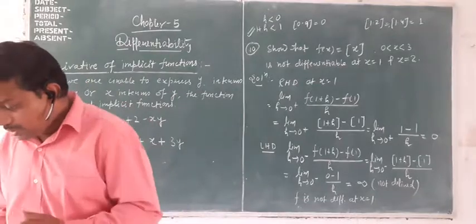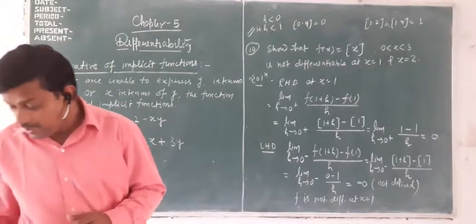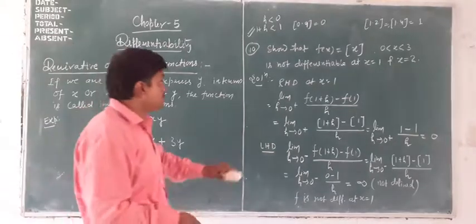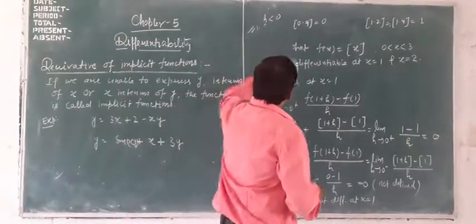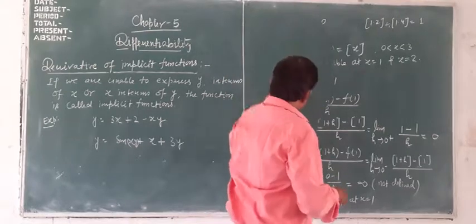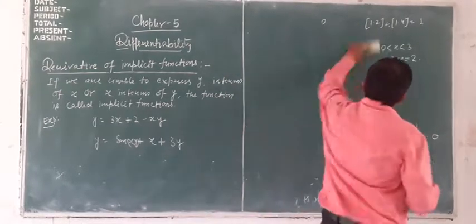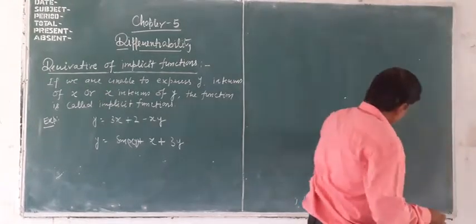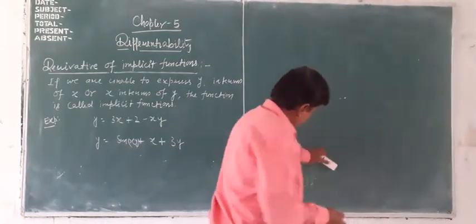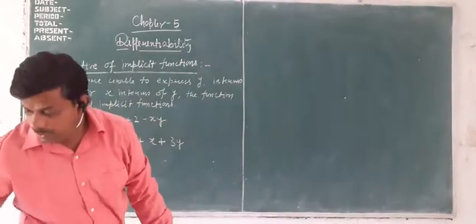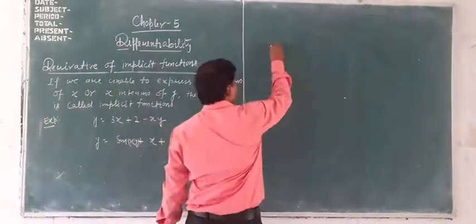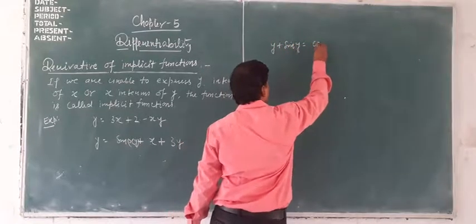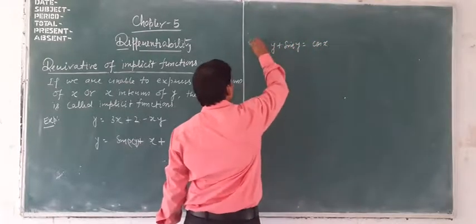Suppose I am taking one example for finding dy by dx. If y plus sin y equal to cos x, we have to find out the derivative of this function.